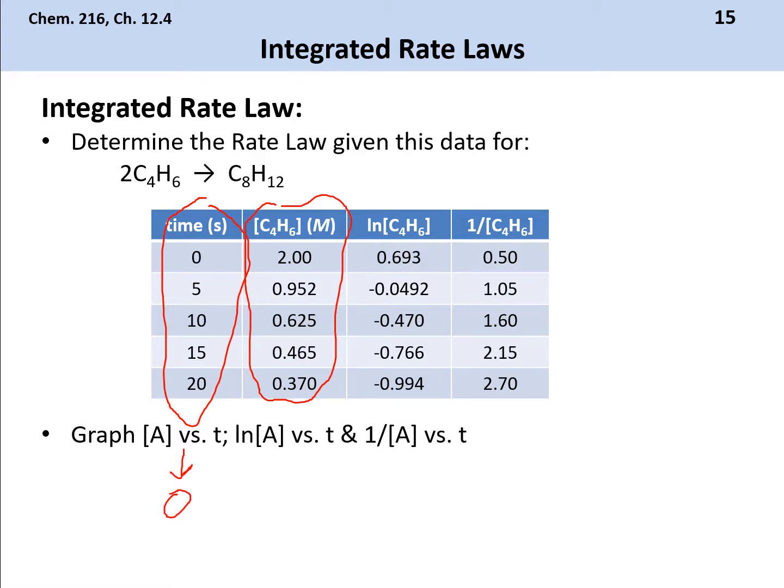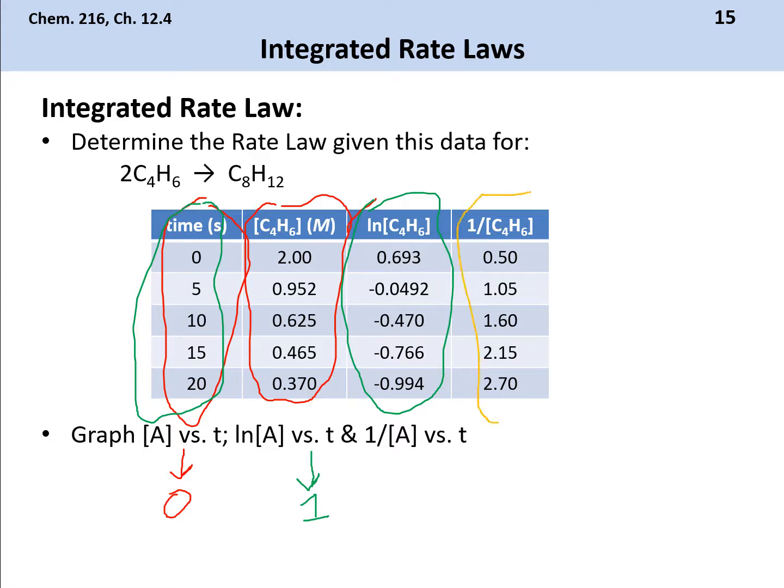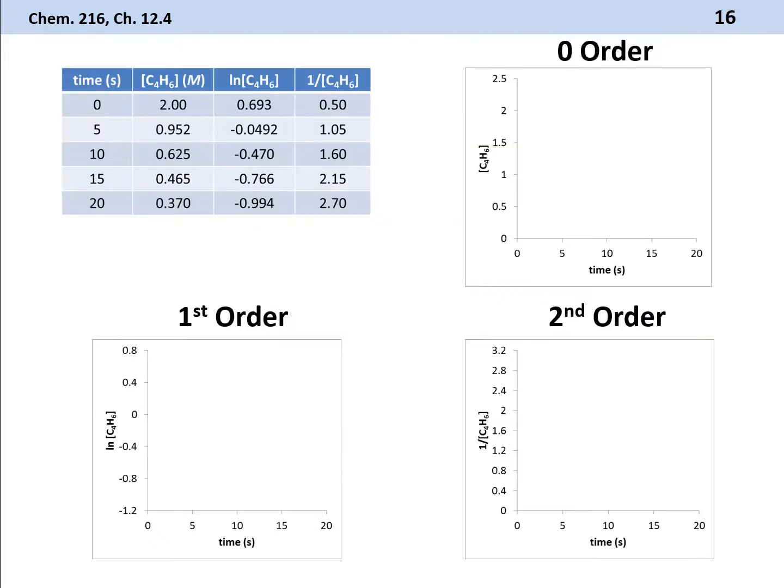Then I'm going to plot this one versus time. And if that gives me a straight line, that means it's first order. And then I'm going to plot this one versus time. And if that gives me a straight line, that means it's second order. Okay? Let's actually do this on the next slide.